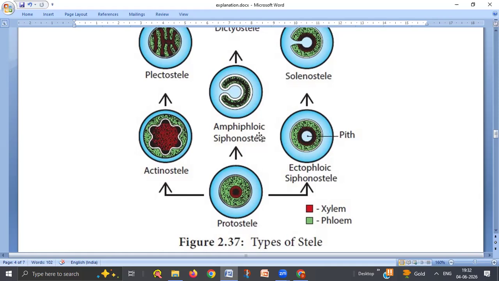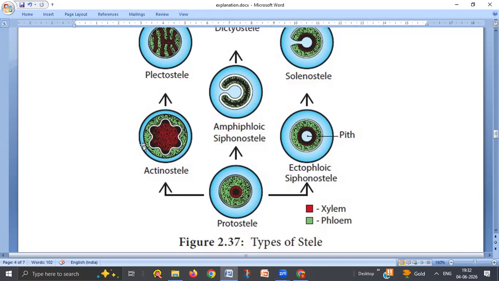Next, actinostele. From protostele, actinostele is produced. It is also one of the types of protostele. Here also xylem is observed, but there is no pith at the center.